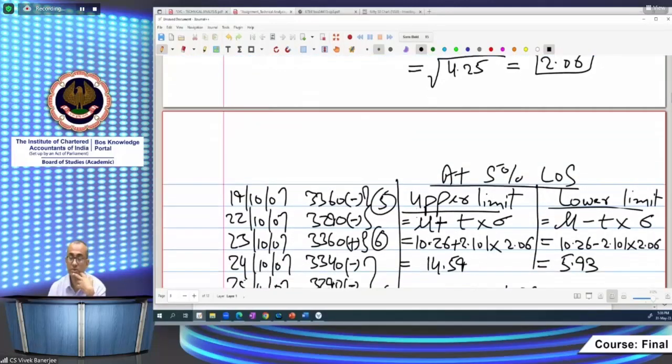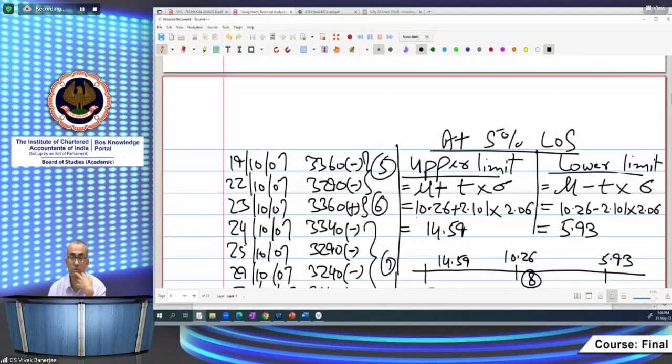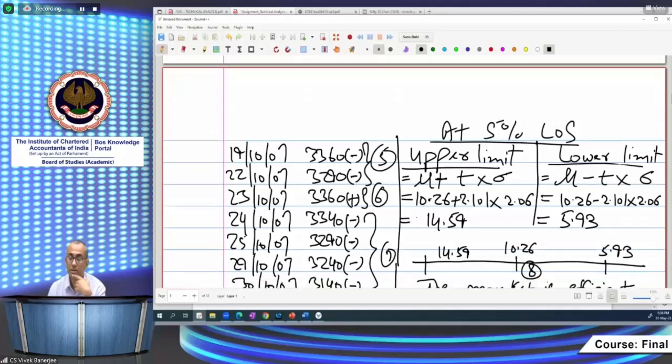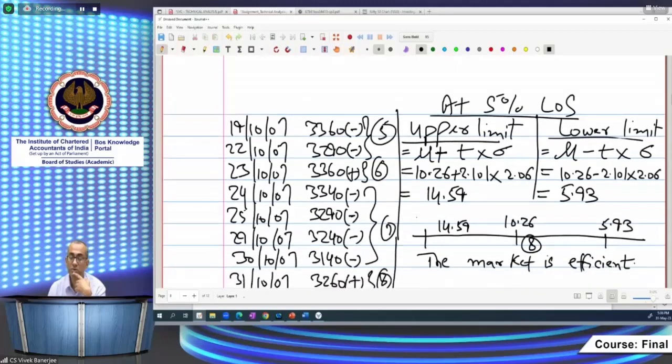So at 5% level of significance, the upper limit and lower limit are calculated. The upper limit formula is mu plus t into standard deviation. The value of average is 10.26 plus 2.101; the value of t at 5% level of significance is given in the question itself. We put the values into the formula, and the upper limit is 14.59.